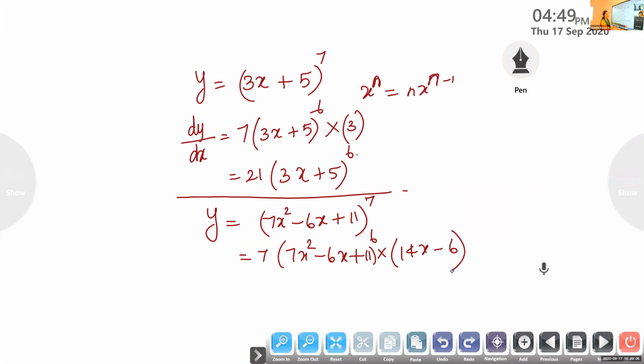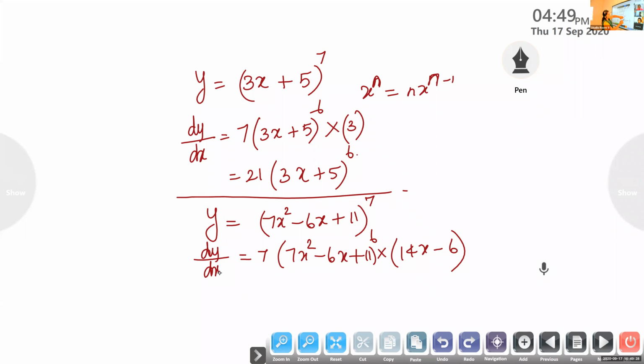Is it correct, Naureen? Yes, ma'am. Okay. Now is it clear, children? What's the formula we are using here? The derivative of x raised to n is n x raised to n minus 1.